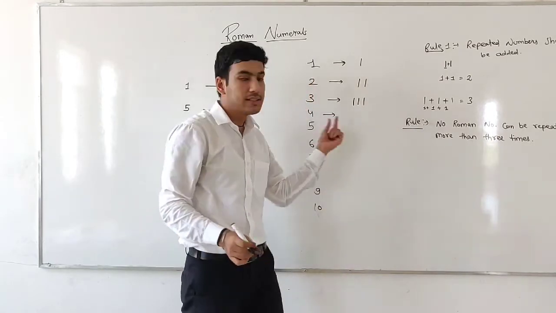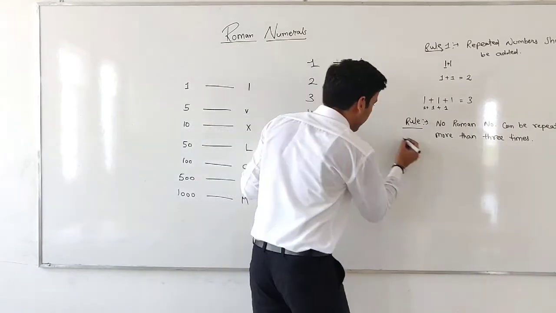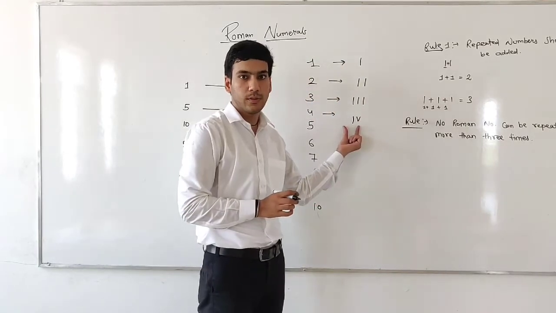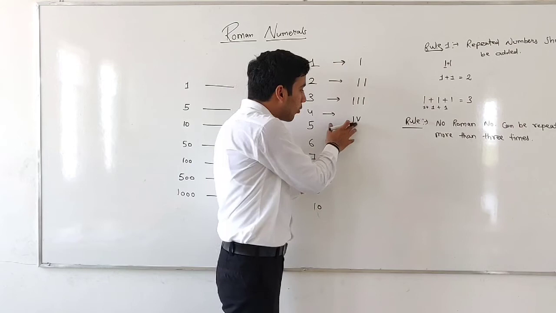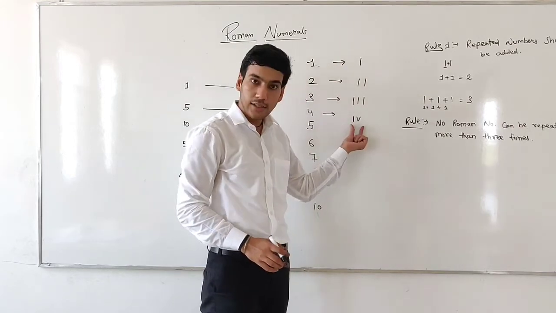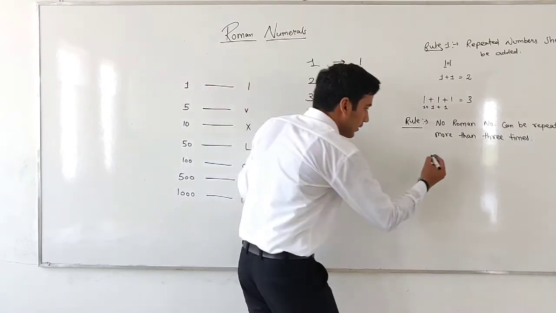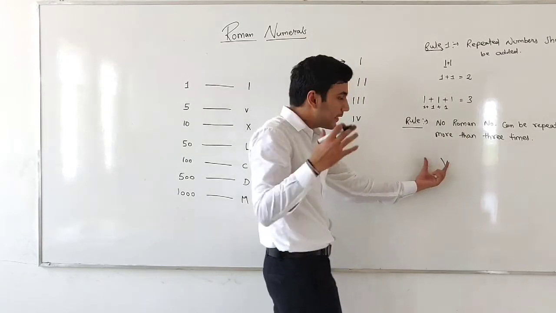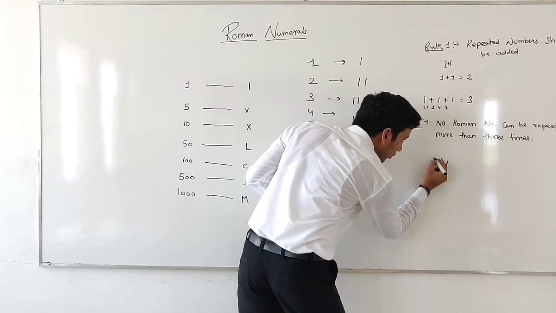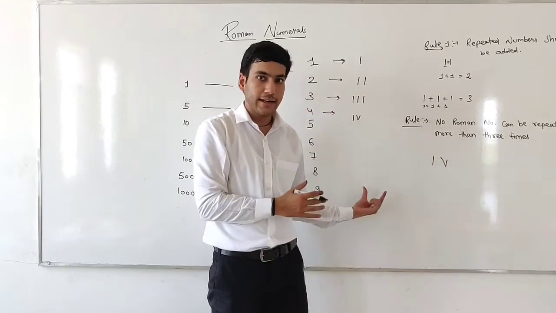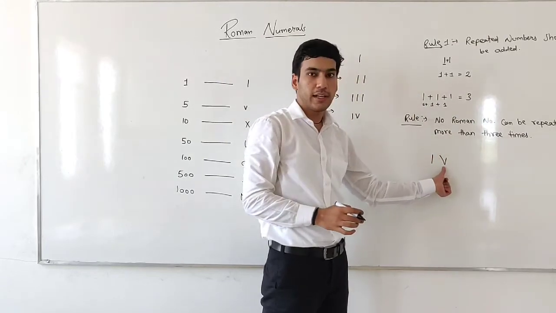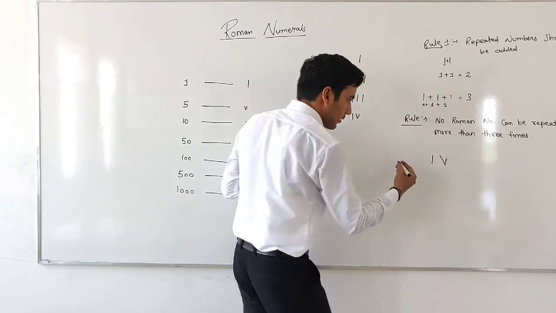So what is the Roman symbol for 4? This is the Roman symbol for 4. Now how can I say that this is the Roman symbol for 4? If there is a greater Roman number and you write a smaller Roman number on the left side, then that smaller Roman number is subtracted from that greater Roman number.